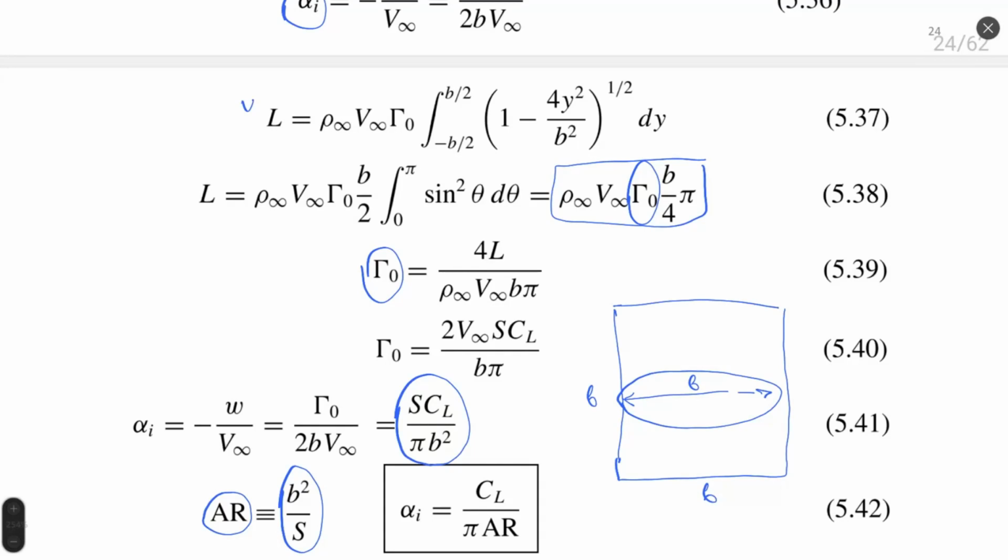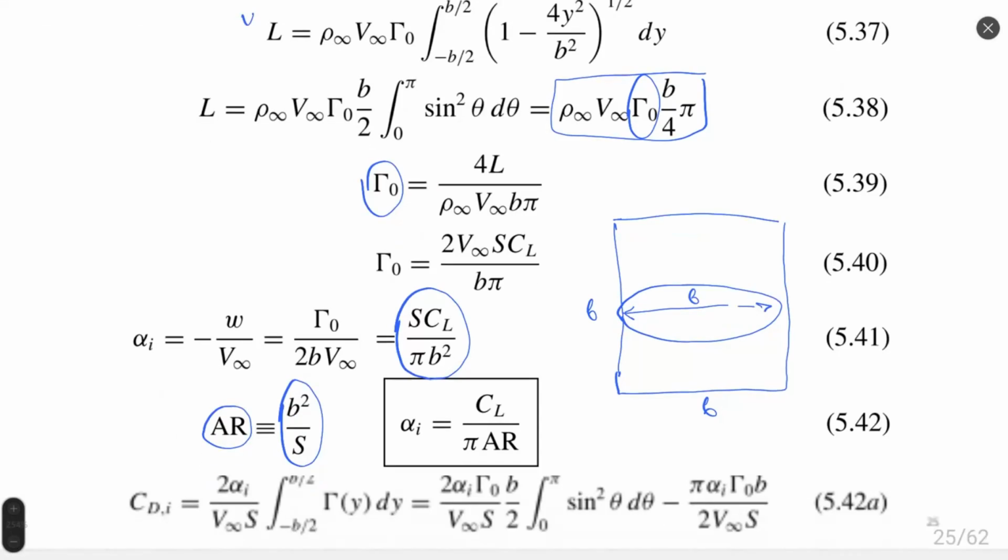So this is aspect ratio. The area of the square divided by the area of the wing will also be bigger than 1. And once we introduce this aspect ratio definition inside equation 41, we will see that induced angle of attack is proportional to lift coefficient and inversely proportional to aspect ratio.